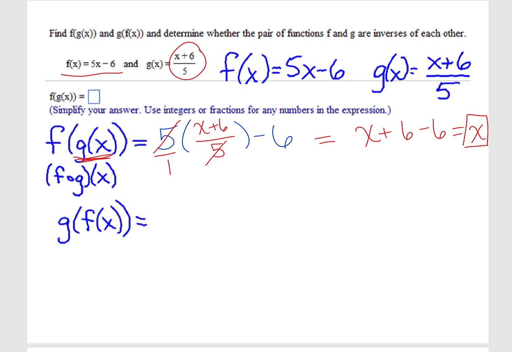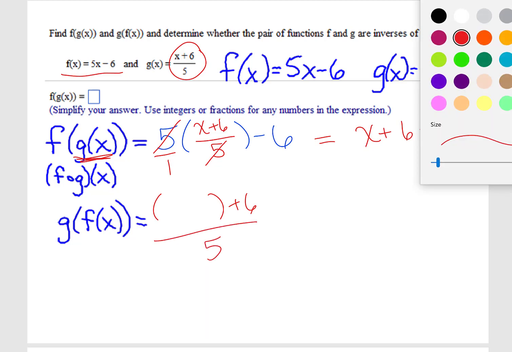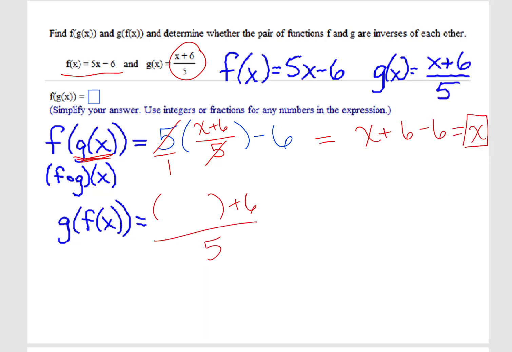Okay, so now I'm going to write g of x, which is x plus 6 over 5. Go back and plug in f of x, 5x minus 6. Simplify: 5x minus 6 plus 6 would just be 5x over 5, which simplifies to just x.